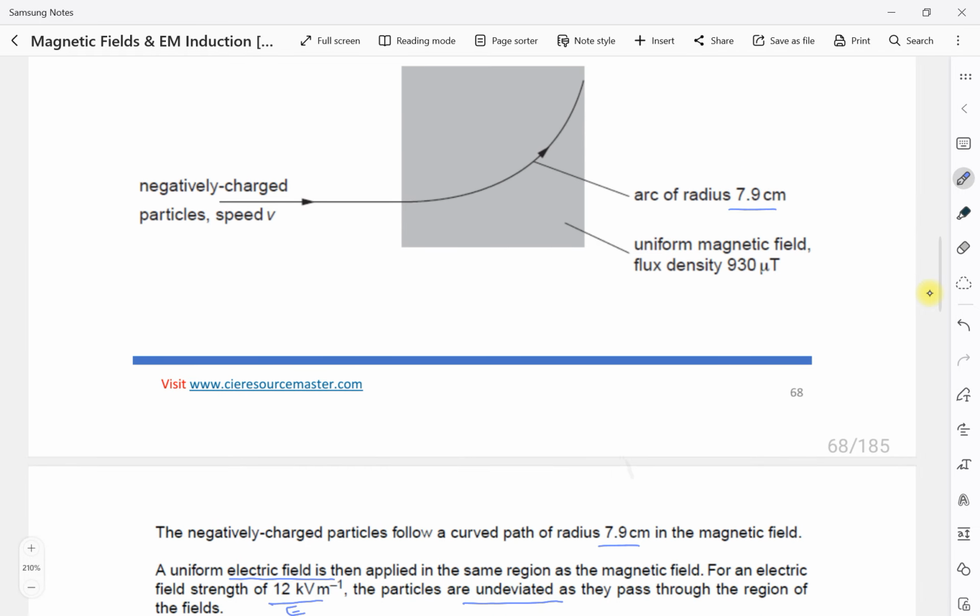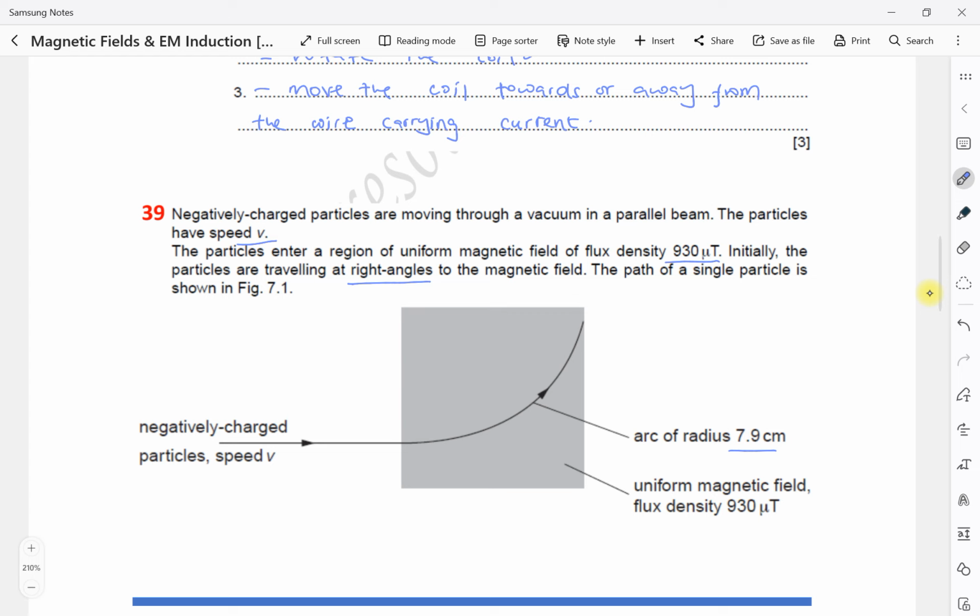Okay, so to start with, for the magnetic field alone, the particles are curving upwards. Because the curve due to the magnetic field is upwards, it means the magnetic force is upwards.